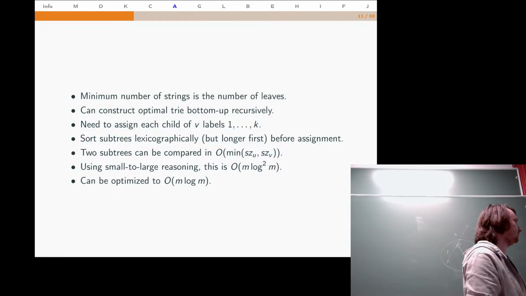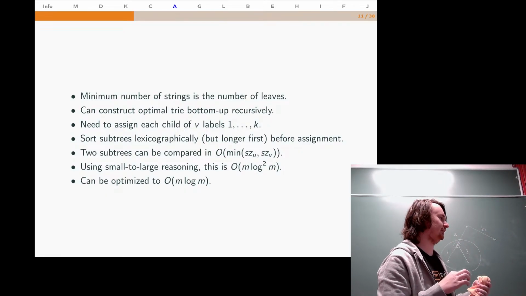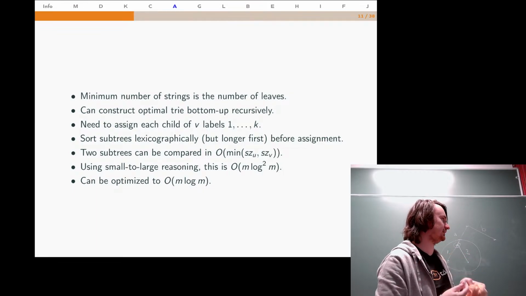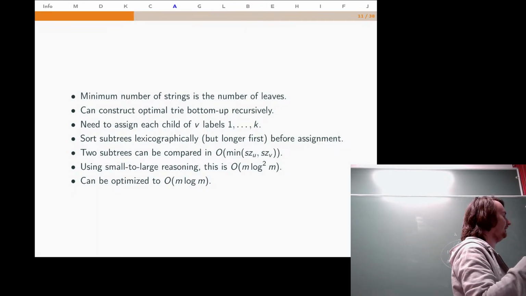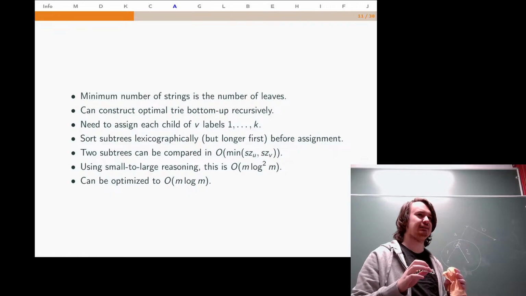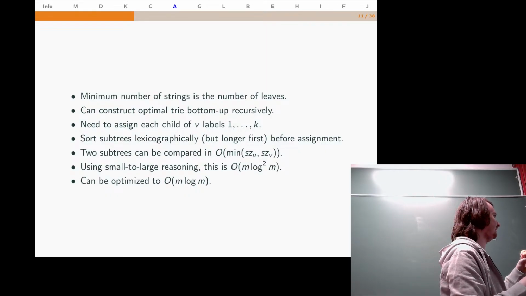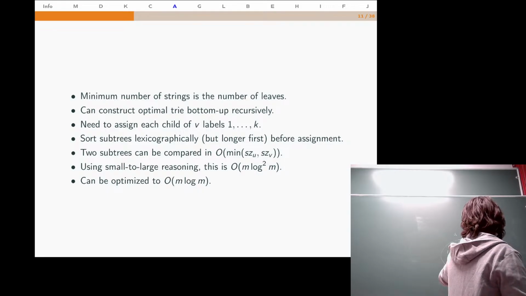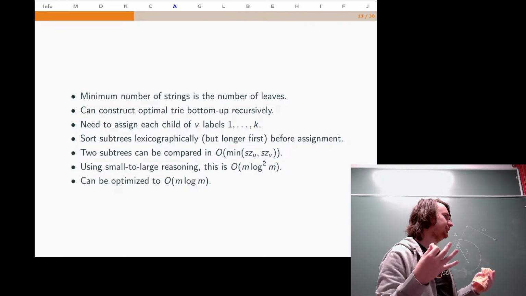For this, we of course need to sort the subtrees lexicographically, but if we are careful about how exactly the lexicographical comparison is defined, we will notice that in regular lexicographic ordering, when we have two things and one is shorter than the other, we put the shorter first. But if we compare the sequences and think about prepending them with a specific character, we actually would like to put the longer sequence first.